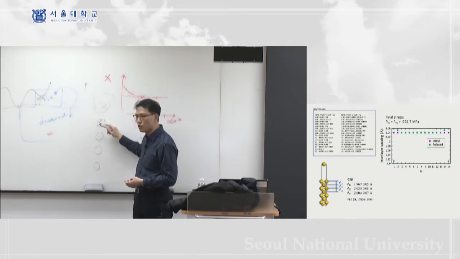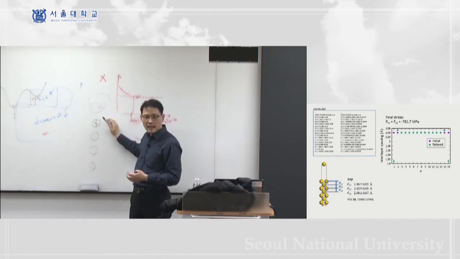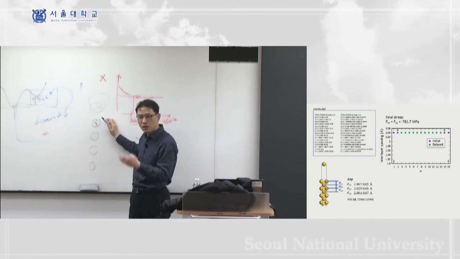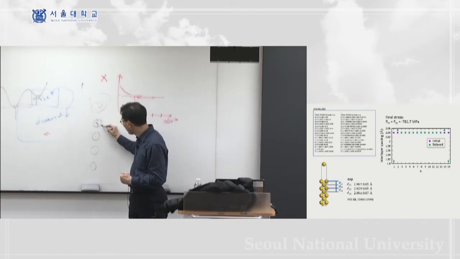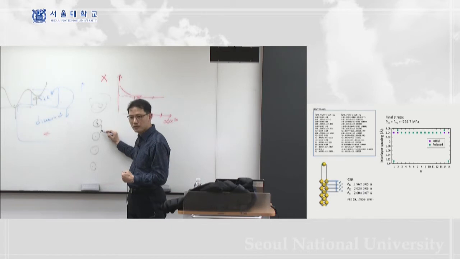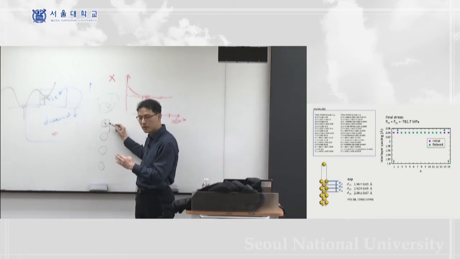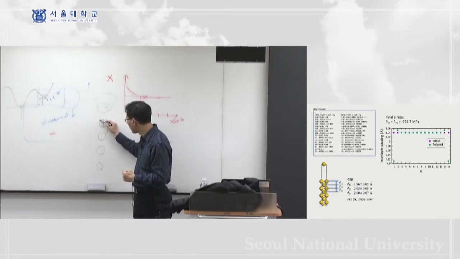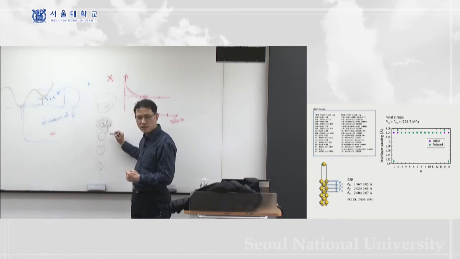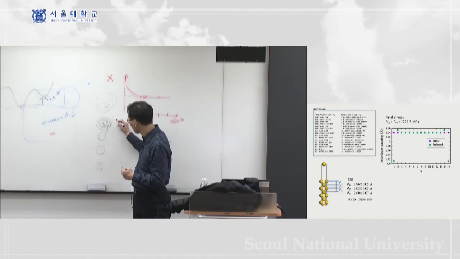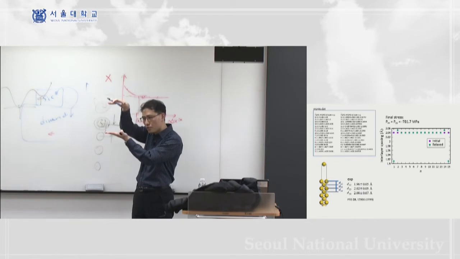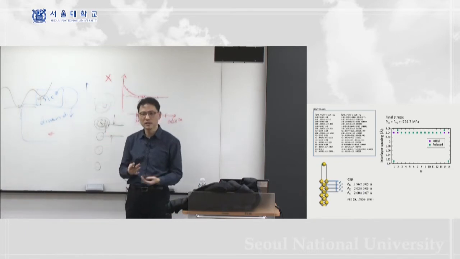So the surface atom has a smaller electronic density. In order to compensate, it gets closer to the subsurface atoms. By doing so, it can increase the electron density at the surface site. That is why the interlayer spacing between the first and second layer is reduced compared to the crystalline state.